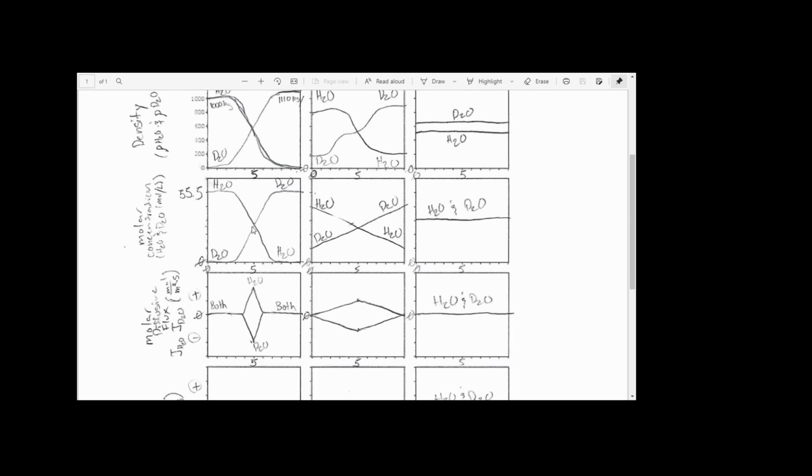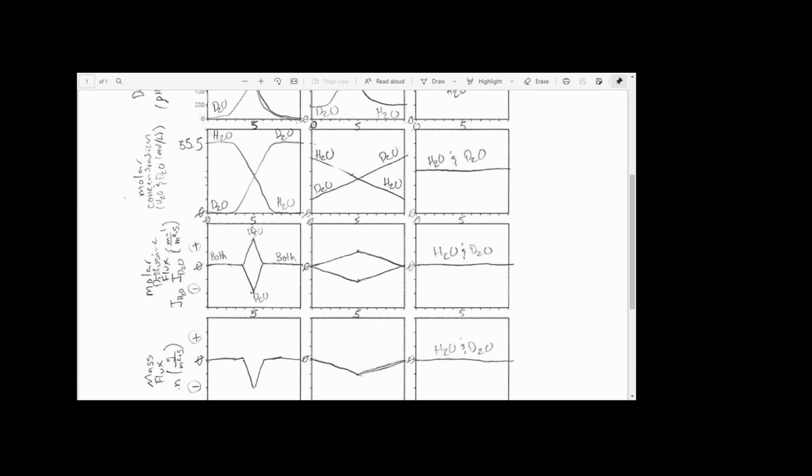Now we move down, and we can analyze the molar concentration. On this y-axis, we have the moles per liter, again over the x-axis, which is the capillary itself. On the left-hand side, we have all water, and on the right-hand side, we have all deuterium.